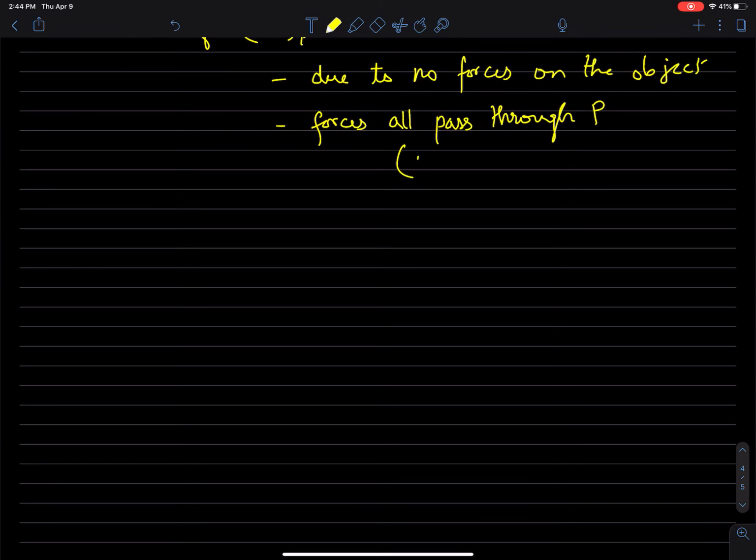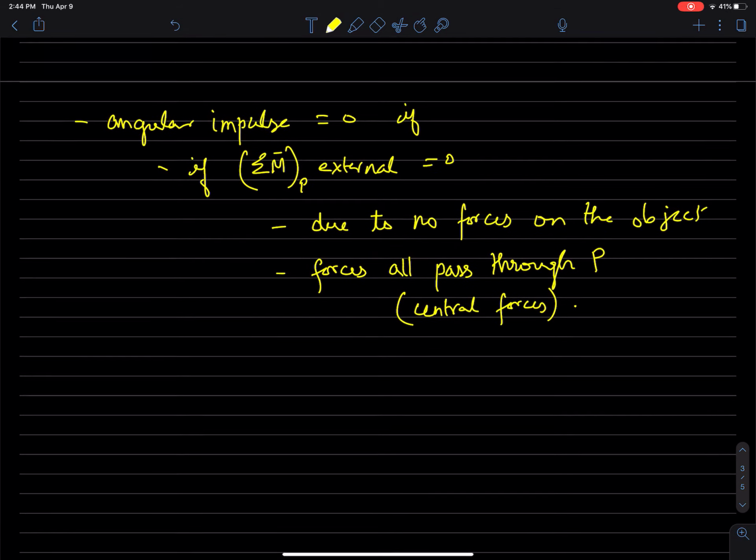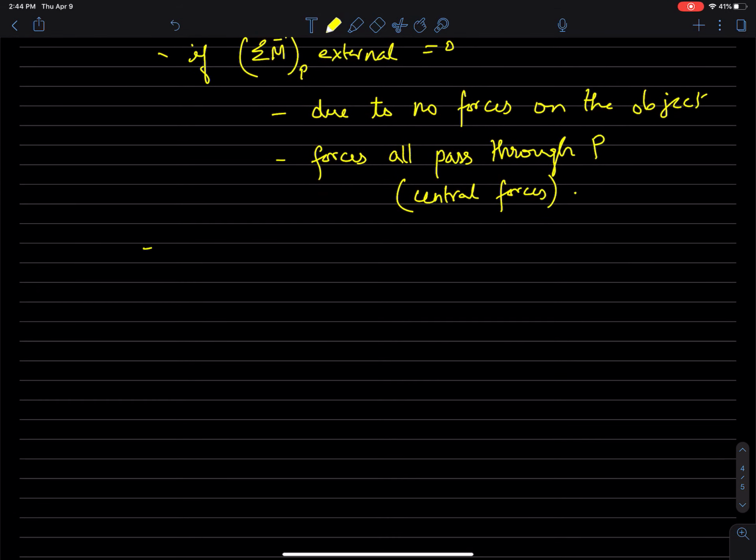So this is the so-called central force problem. Or the forces somehow produce moments that just cancel each other. All those are possibilities. That's also a possibility, but it's not a simple possibility.